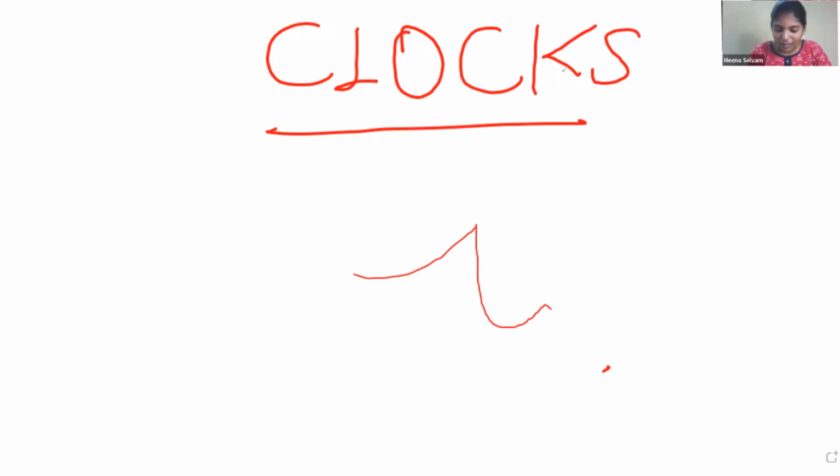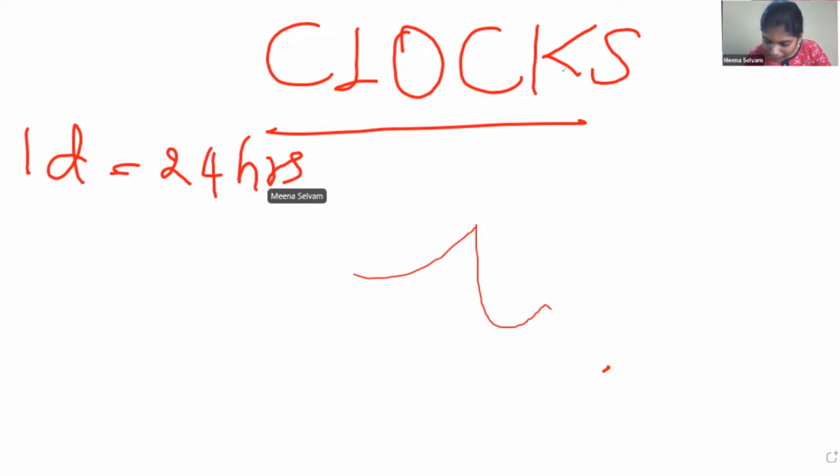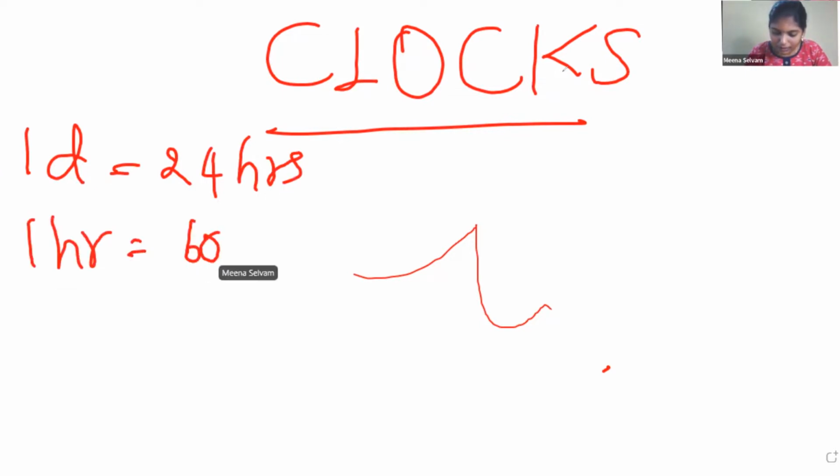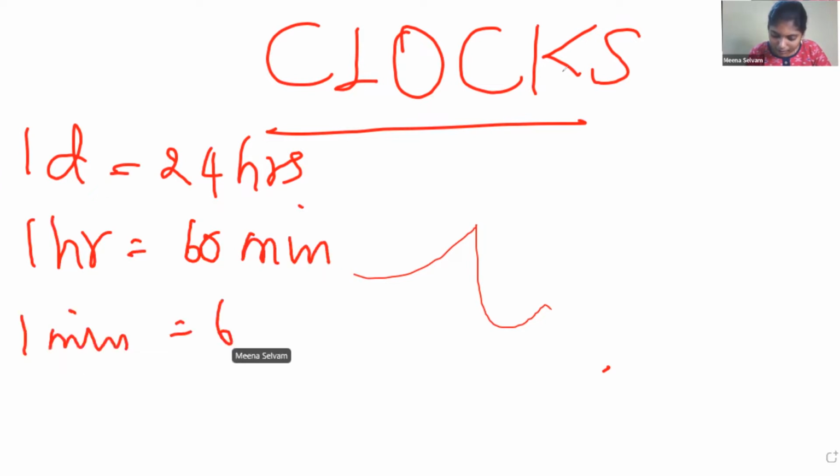So the same basics: one day has 24 hours, 1 hour has 60 minutes, and 1 minute has 60 seconds. These are all the basic things we already know, right? We are going to only use hours and minutes.